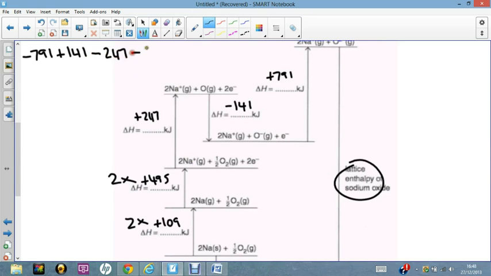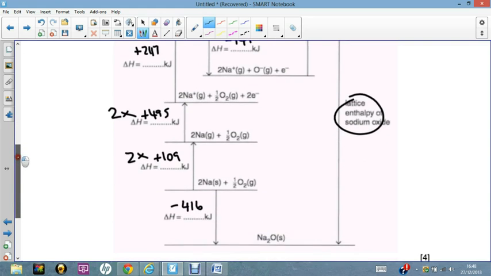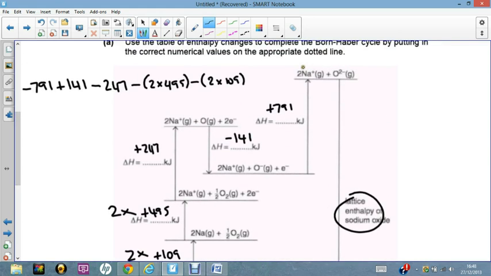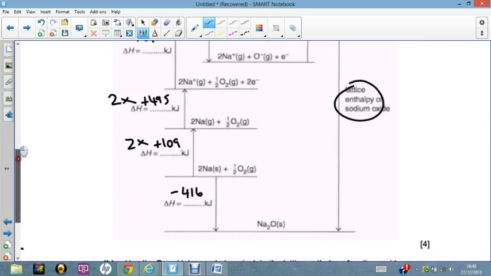Against that one, so it will be minus 2 times 495. Against this arrow, so minus 2 times 109. And then with that final arrow, so minus 416. Your final answer should be minus 2521. It's generally 1 mark for the minus sign and 1 mark for the number.